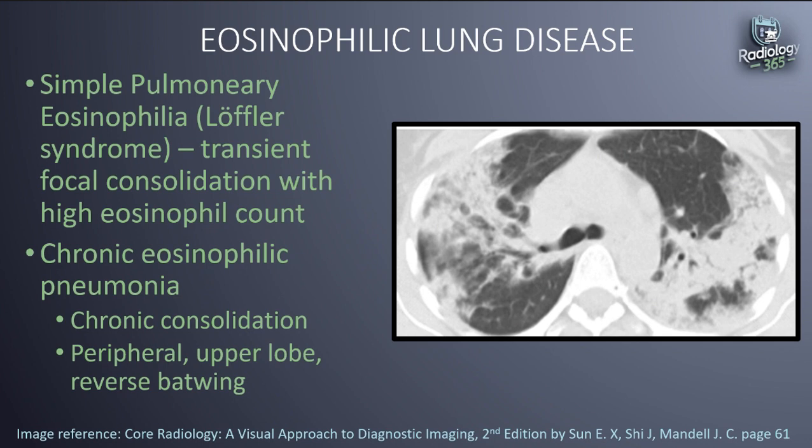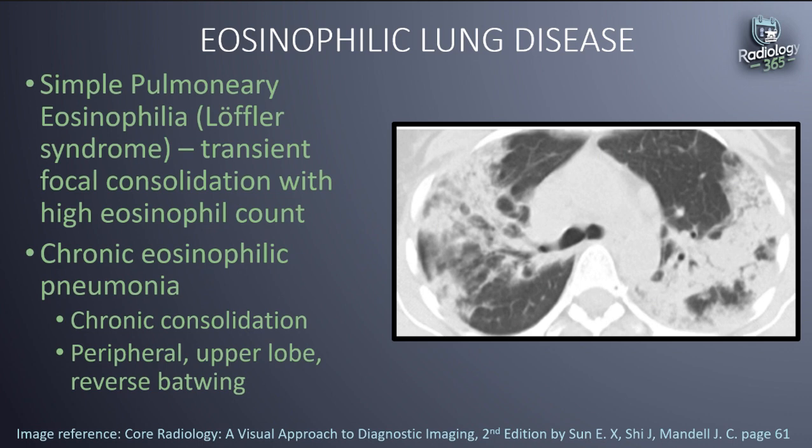All right. So we'll first talk about simple pulmonary eosinophilia, aka Loeffler syndrome. Simple pulmonary eosinophilia is characterized by transient and migratory areas of focal consolidation with an elevated eosinophil count in the peripheral smear. So you realize that you have to have a smear to tell you that you are seeing eosinophils, and then you add that to the imaging features and then come to your conclusion of simple pulmonary eosinophilia.